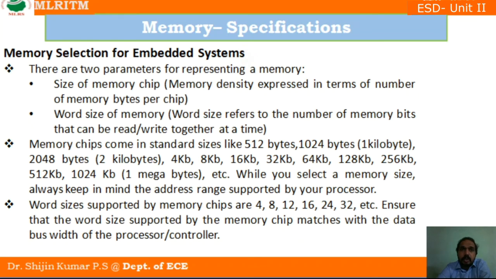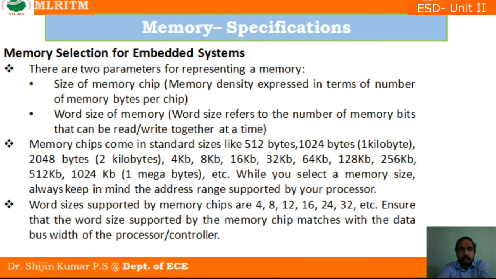Okay, so if you are connecting a 2 MB memory or 4 MB memory, it is not possible to access, because it can generate how many addresses? 2 raised to 20 addresses only.